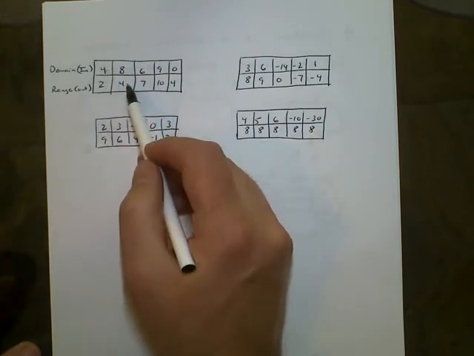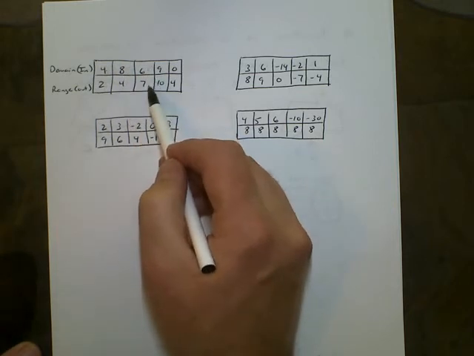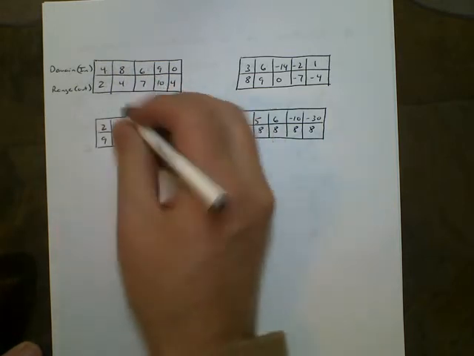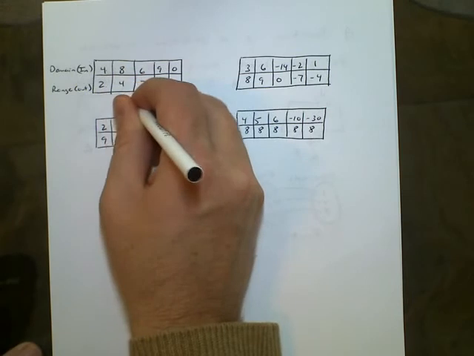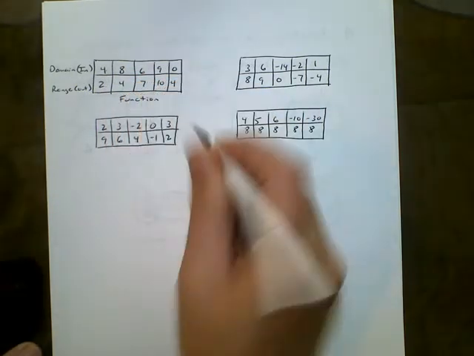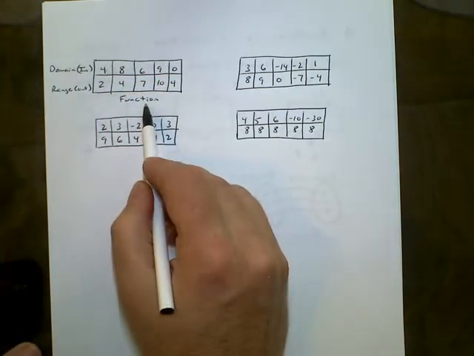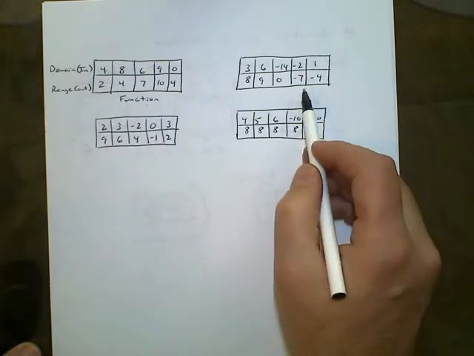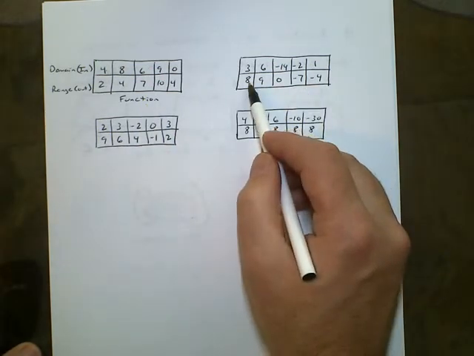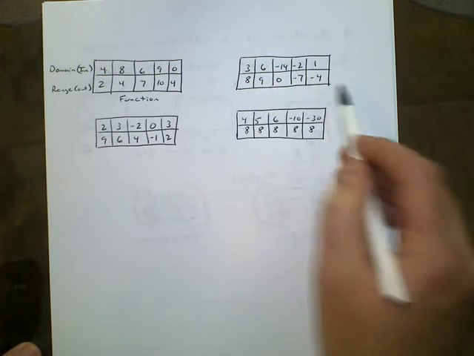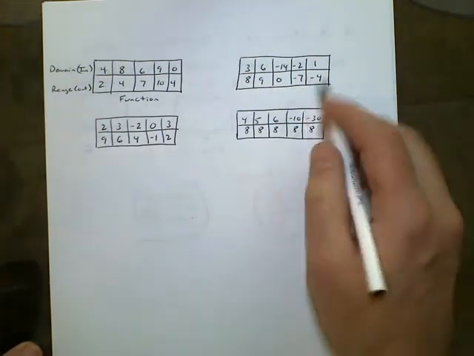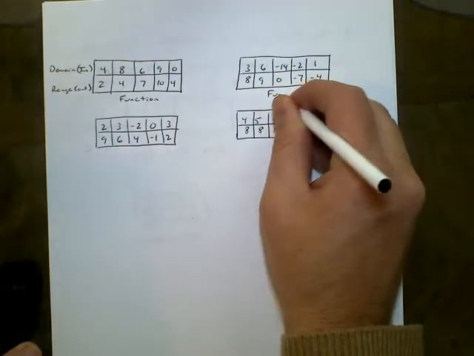You input an 8, it spits out a 4. You input a 6, it spits out a 7. This is a function, because for every input, you get a unique output. In this case, you input 3, get out 8, input 6, get out 9, and so on. Again, this is a function.